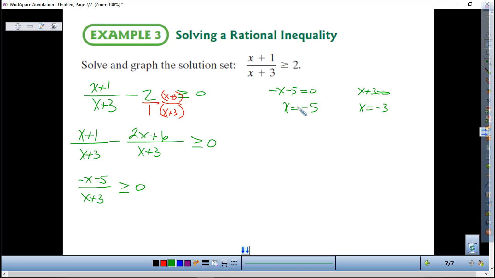So these are boundary points. Once again, we do our little test. We got -5 here. We got -3 here. We choose some test values: -6, -4, and 0.